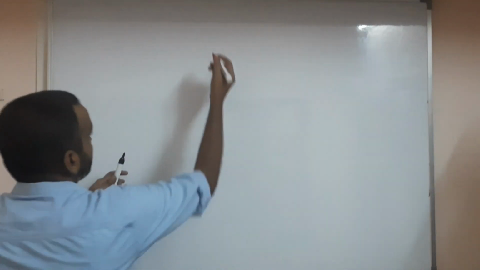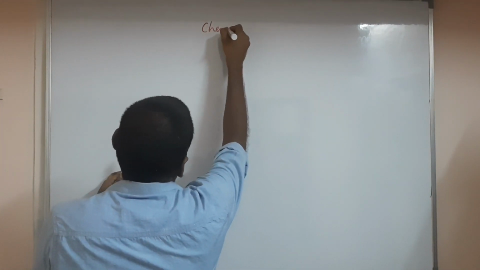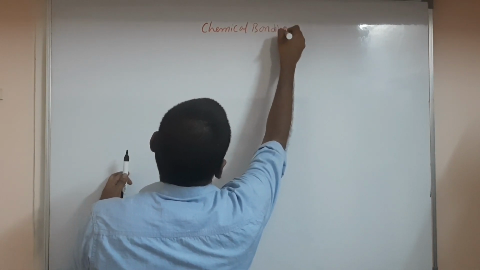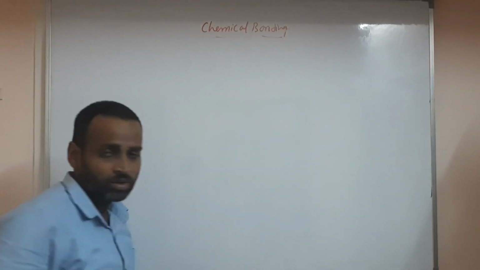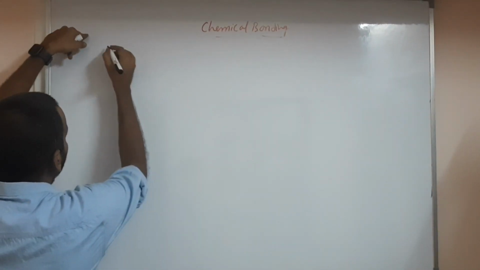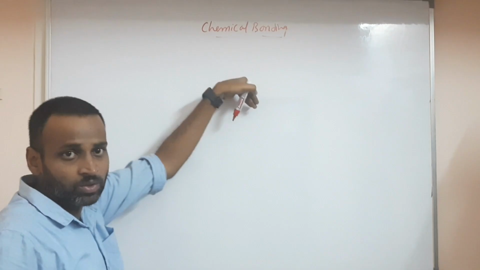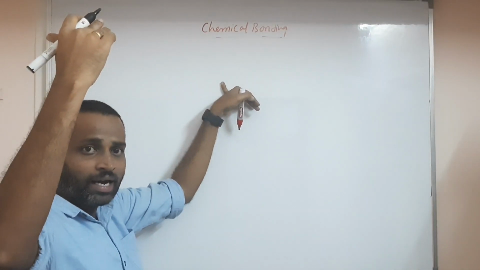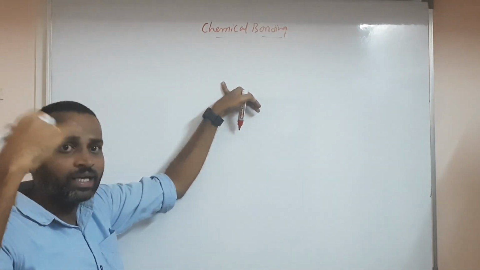So next in chemical bonding, about ionic bond everybody knows. In ionic bond, you mostly have to know some Fajan's rules. Everybody knows those. If the cation size is big and the anion size is small, then ionic bond.